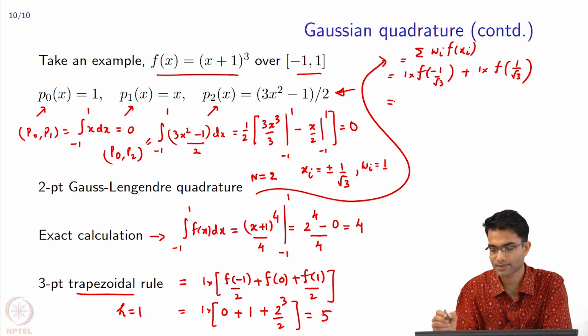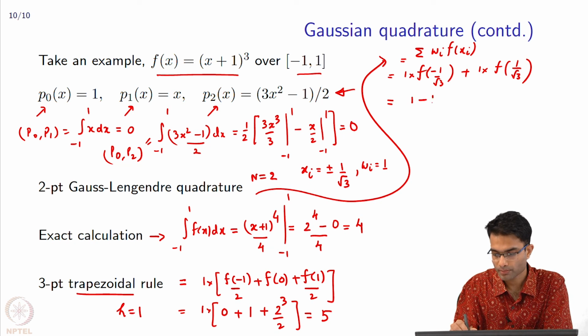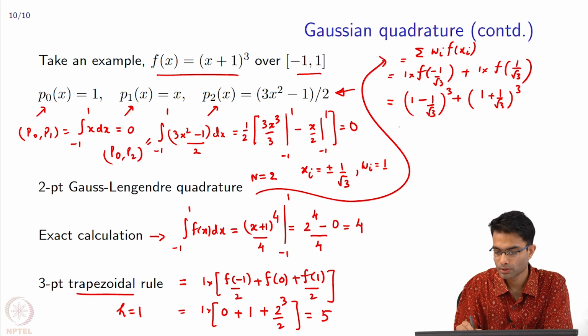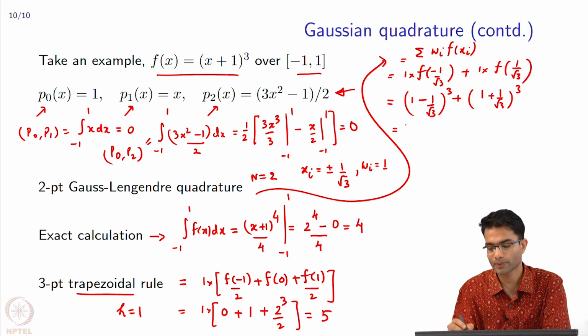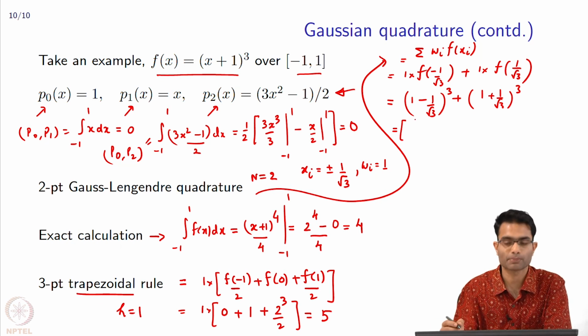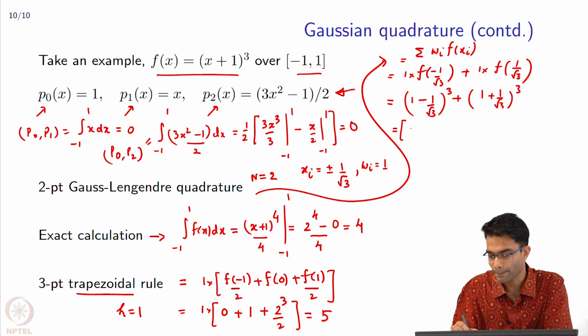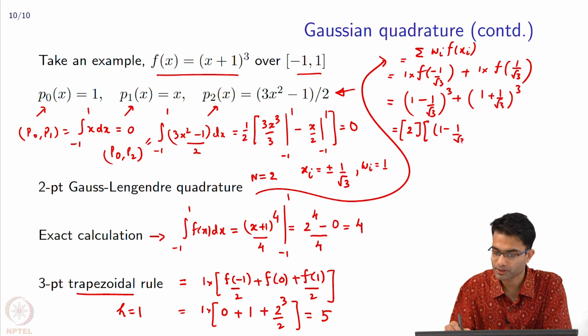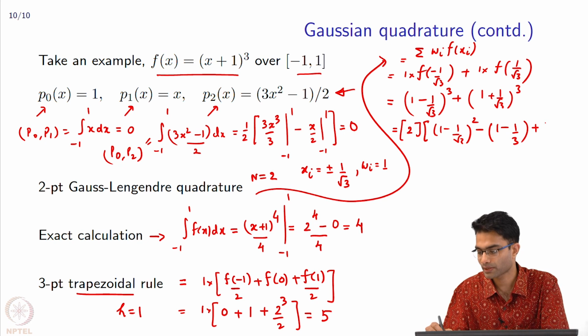This gives me (1 minus 1 by root 3) cubed plus (1 plus 1 by root 3) cubed, and we can evaluate this simply. a cubed plus b cubed gives me a plus b as the first term, which is going to be 2, then a squared minus ab plus b squared, where a is 1 minus 1 by root 3 and b is 1 plus 1 by root 3.